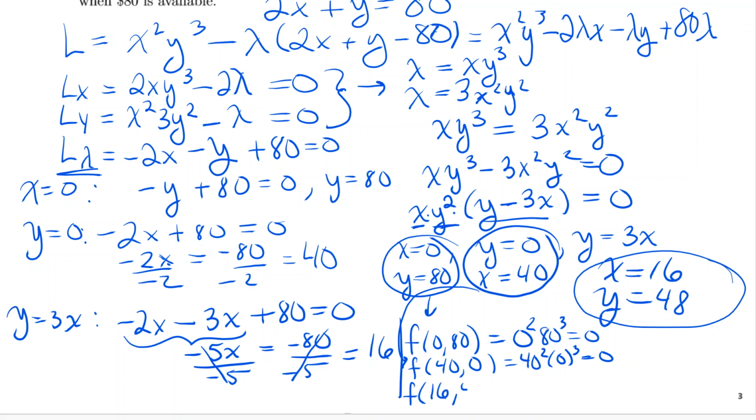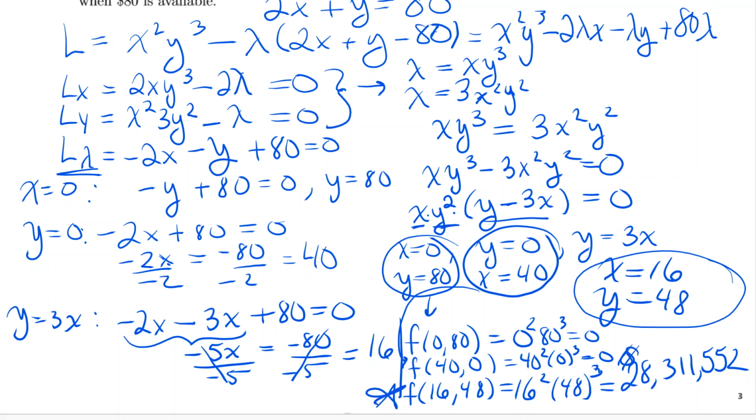So f of 16, 48, and this I definitely can't do in my head, is going to be 16 squared times 48 cubed, which is going to be in the range of 28 million something, $311,552. Gee, I wonder which one is my maximum. This one. So that would be your answer.